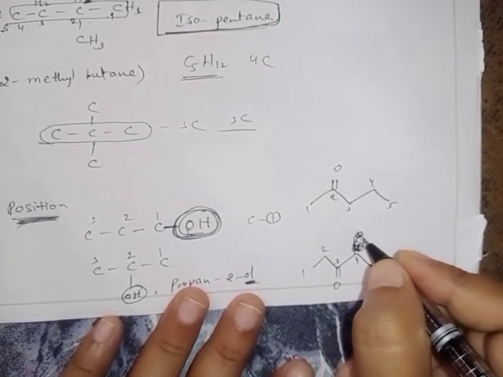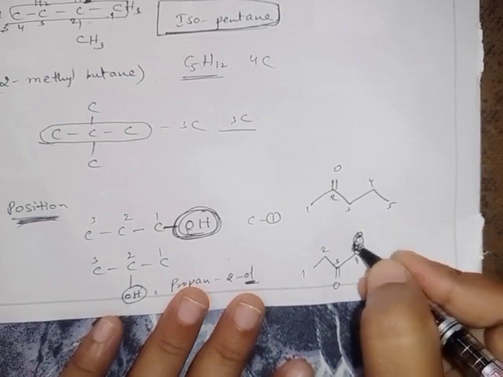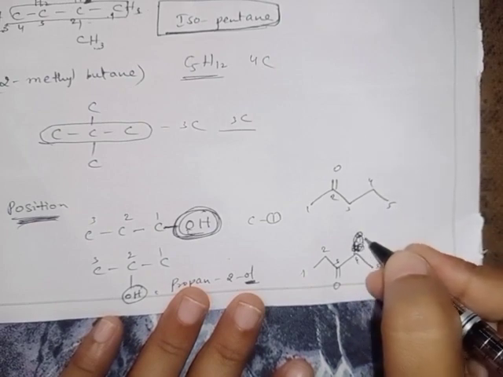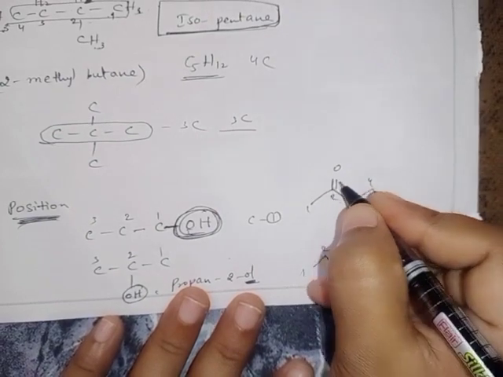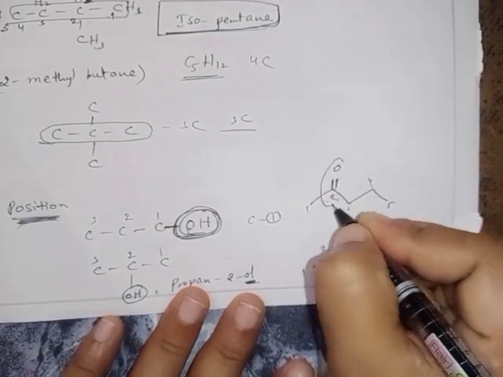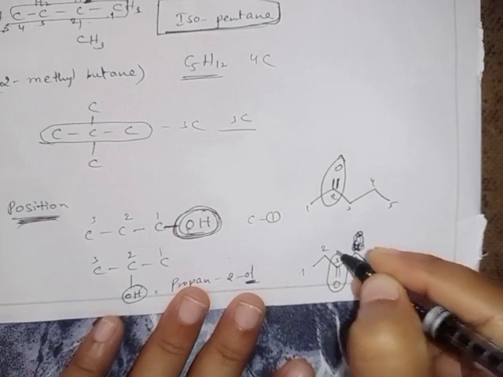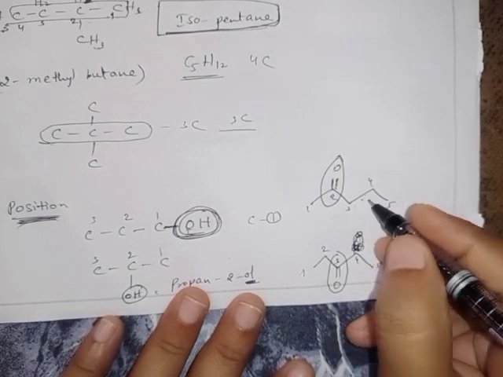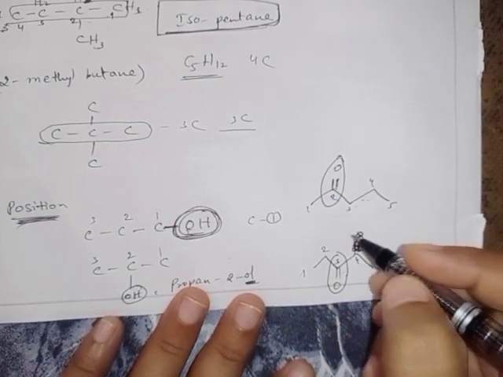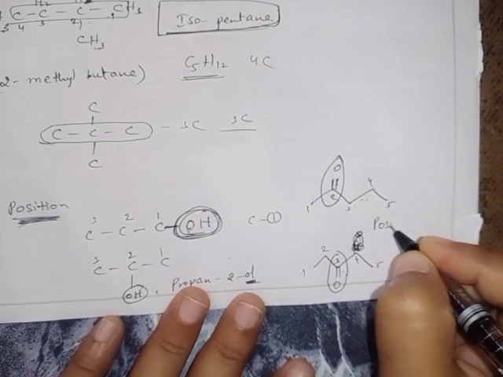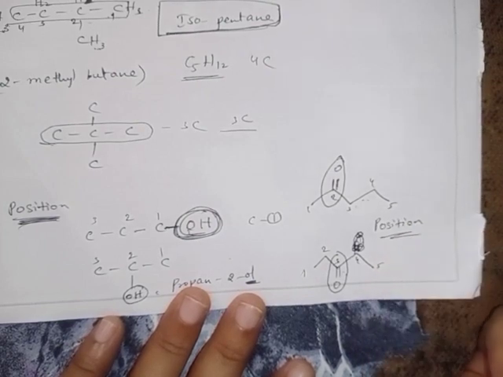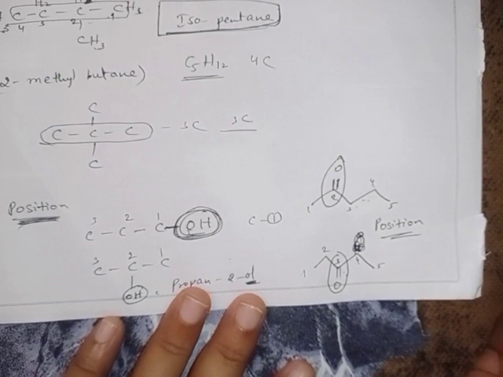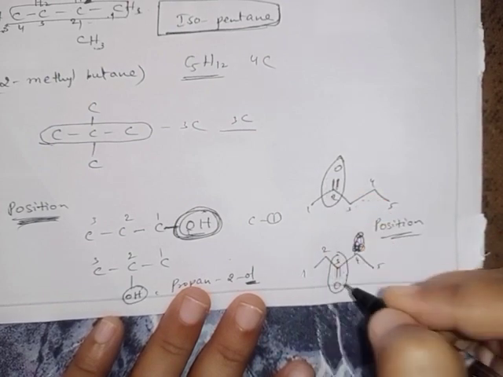You should not number it otherwise, because then it would again be pentan-2-one. I start numbering like this. See, the double bond O position is 2 here and 3 here: pentan-2-one and pentan-3-one. This type of isomerism we call position isomerism, where there is a change in the position of the functional group.